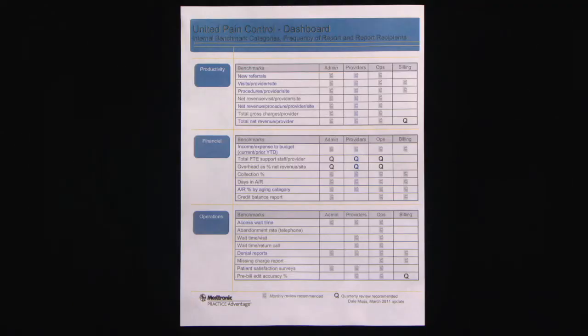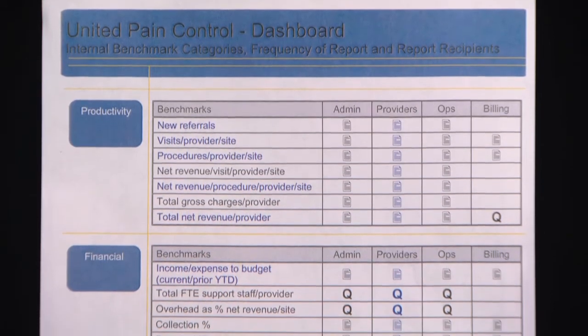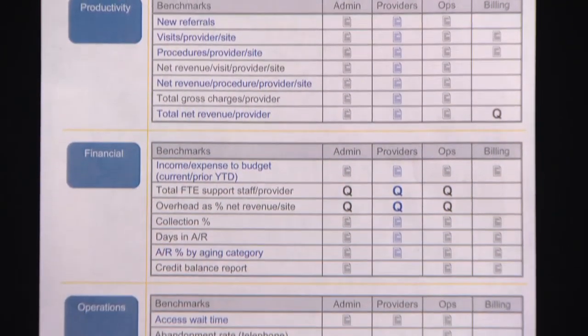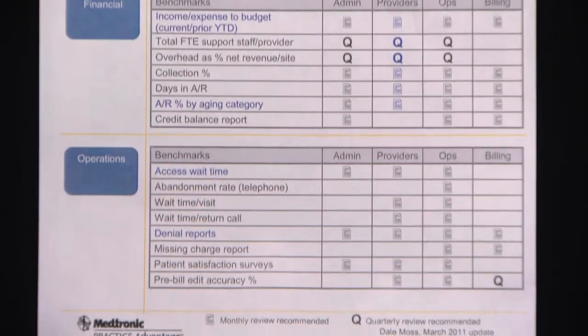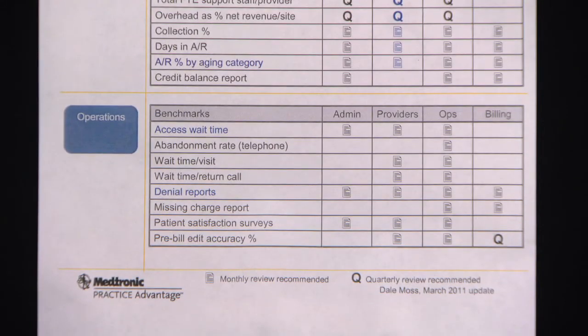So looking at the dashboard, what might be on it? Making that decision is individual for you and your group, but it might be around productivity. It might be around accounts receivable days by payer. It might be around the financial side of the equation as well, looking at some of the longer sorts of things.